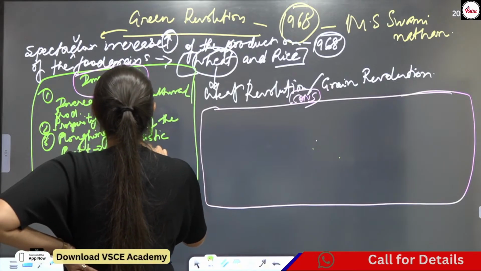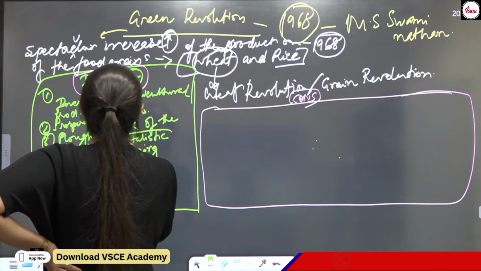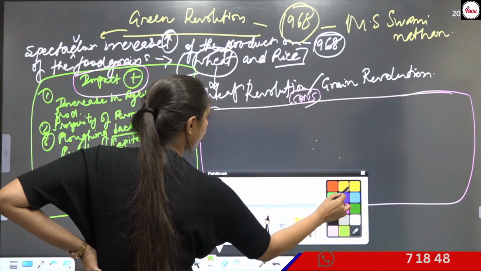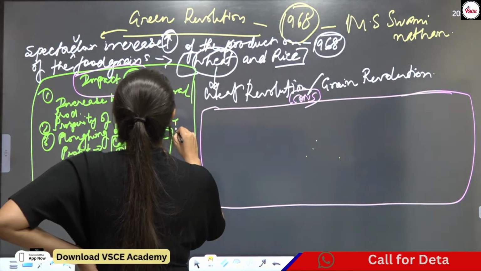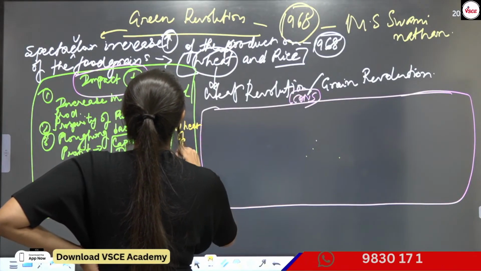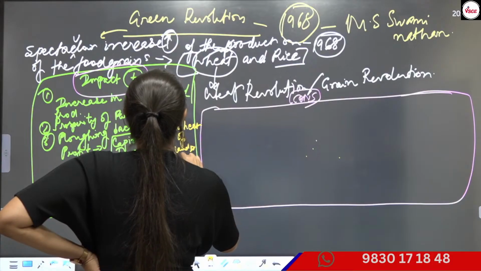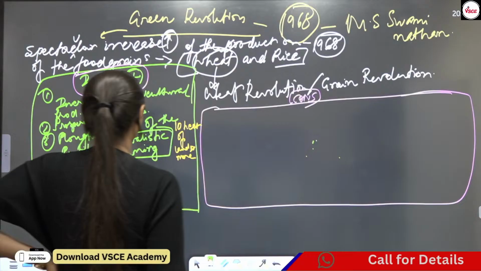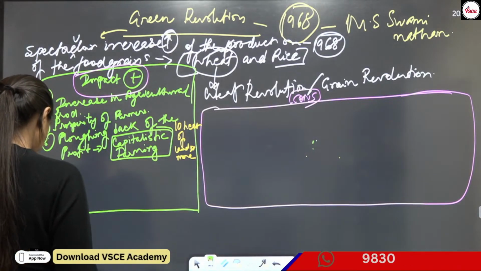Whatever they are earning, they are also spending amount in the reinvestment in this field, right? So it was more true for people who had 10 hectares of land or more. People who were really rich were actually making good money from it, right? That is what they are trying to tell us.